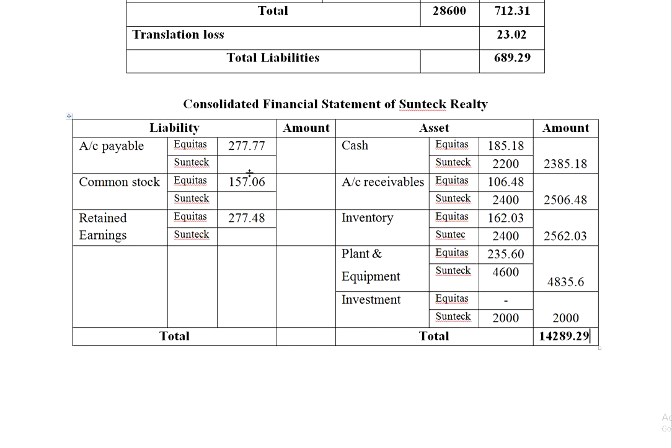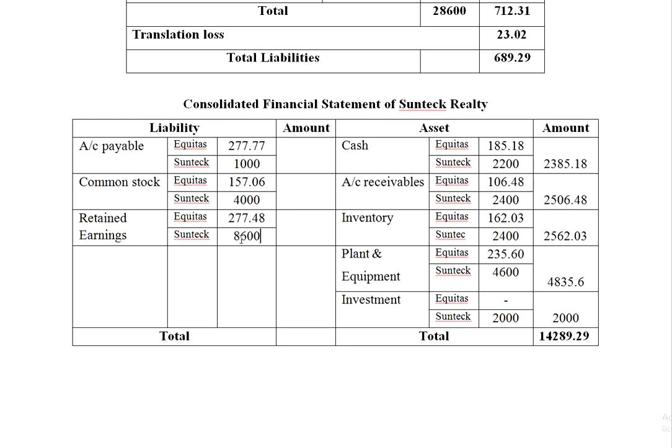Now we have to fill up the liabilities of Suntec Realty as per the question, which is already given in dollars, right? So if we take out the question, you are going to get accounts payable of Suntec is 1000, and common stock of Suntec Realty is 4000, and retained earnings of Suntec Realty is 8600.